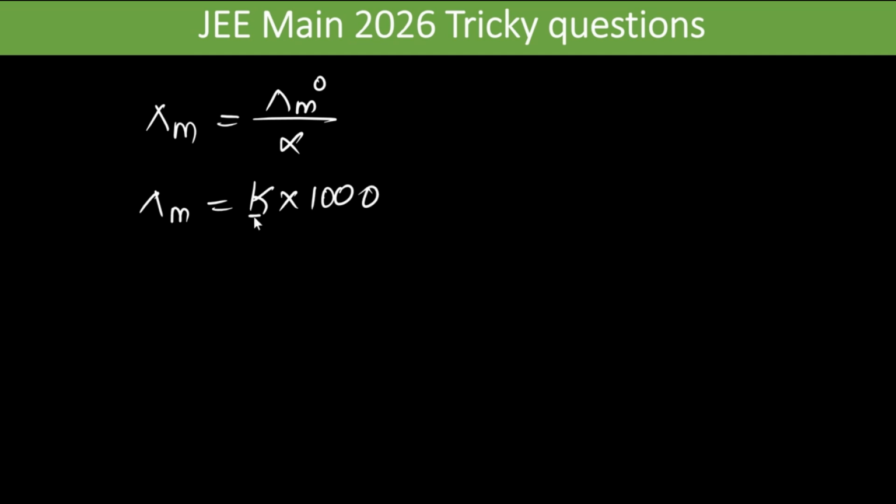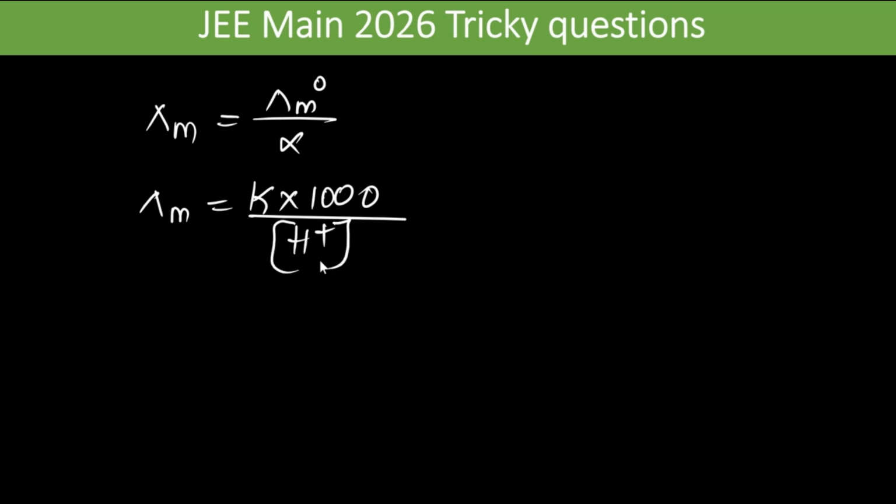So for that, lambda m is equal to lambda m naught by alpha. Substitute the values, kappa into 1000. Alpha value, we are taking it from H plus concentration. That's less than 1, right? So 10 to the power minus 5.